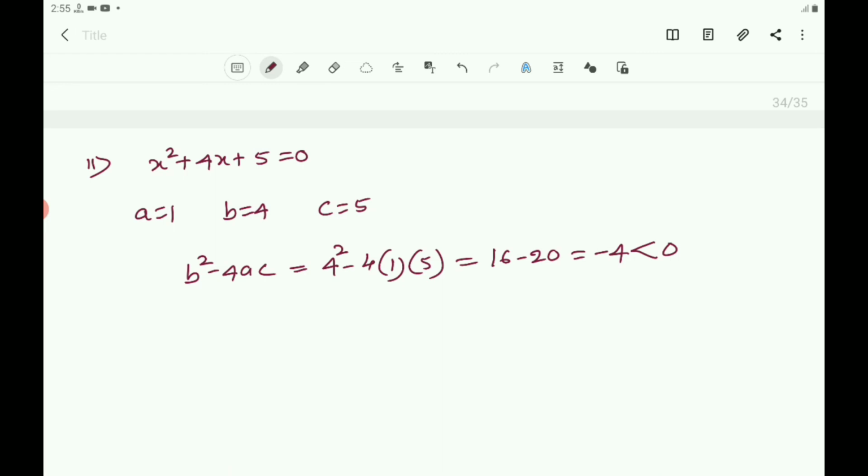Therefore the square root of b square minus 4ac will not have a real value. As b square minus 4ac is less than 0, no real root exists.